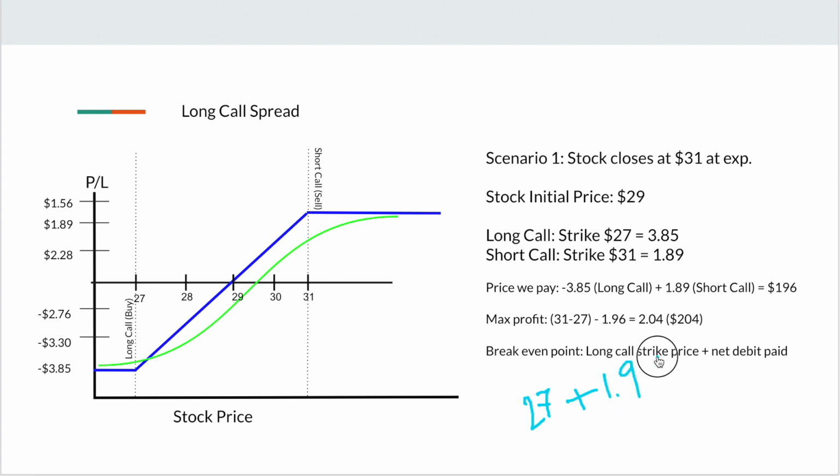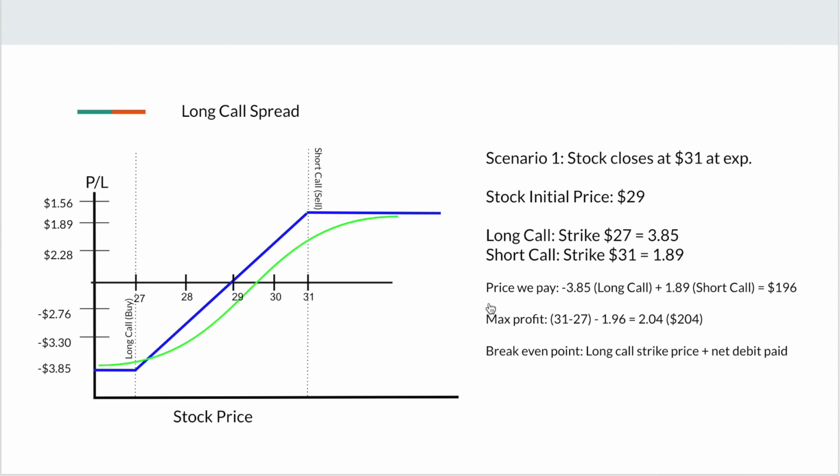So that puts you at a break-even price of $28.96. As you can see, with a vertical spread, you need a lower break-even price before you start making money, which everybody loves. Why would you want the stock to go up even higher before you start making money?